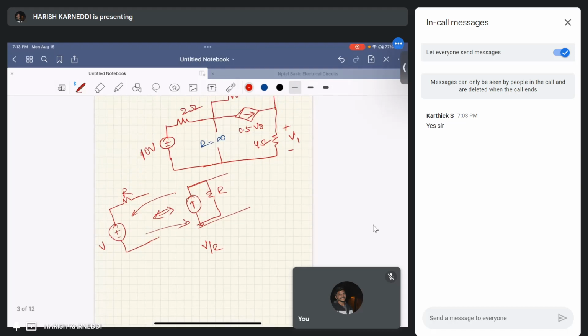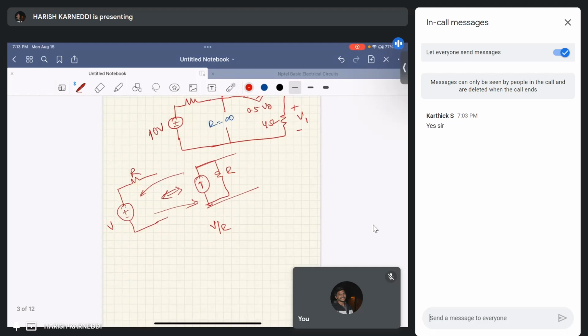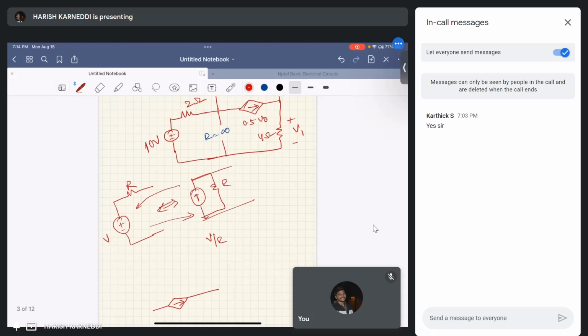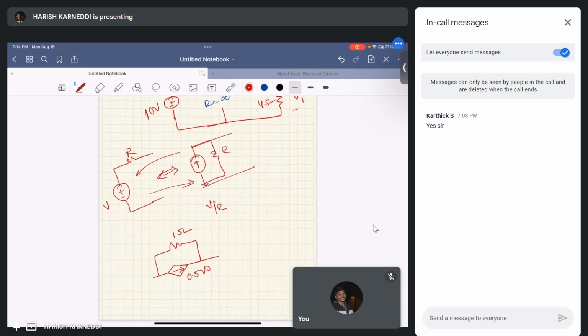Similarly for dependent sources as well. In our case, we have 0.5 V naught with a resistance of 1 ohm, right? The resistance remains the same, that is 1 ohm.